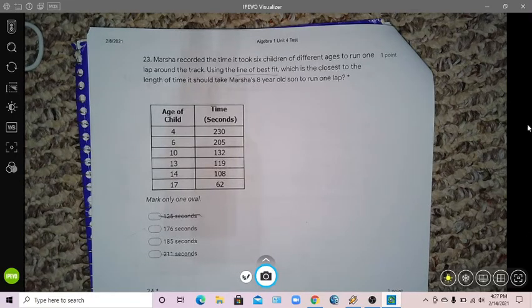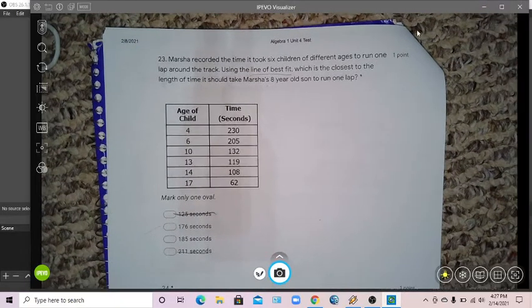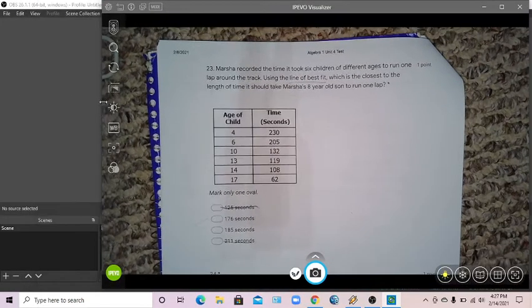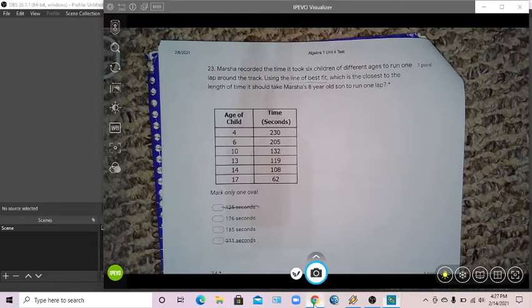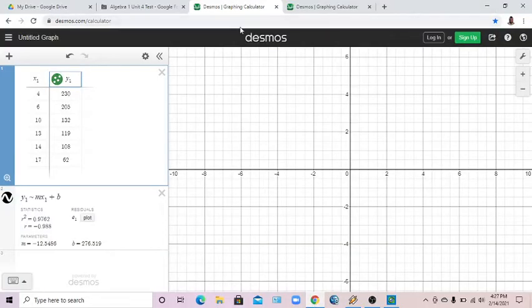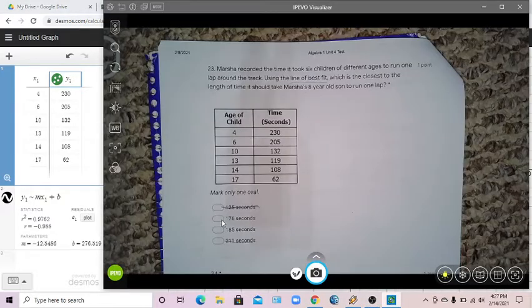Alright, so I'm gonna pull up Desmos calculator here. Let's pull up Desmos, and I have these put in. Okay, so I put these into the table. And then in number 2 here, I put in y equals mx plus b.